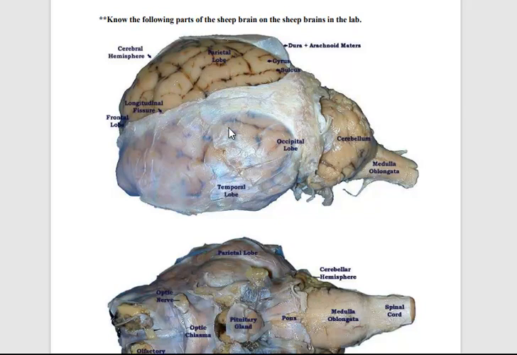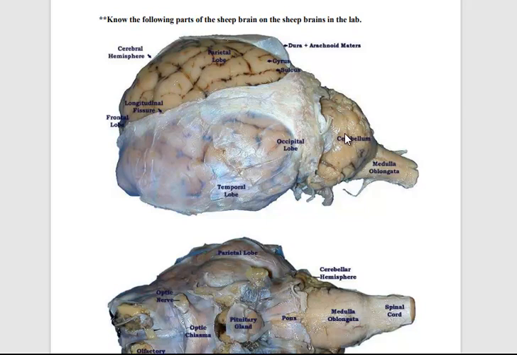And if you can kind of put the ears back on the sheep, then you can see the temporal lobe that's kind of over here. And the occipital lobe, again, is back here. So frontal, occipital, parietal on either side of the longitudinal fissure. And then the temporal lobe is more over the ears.